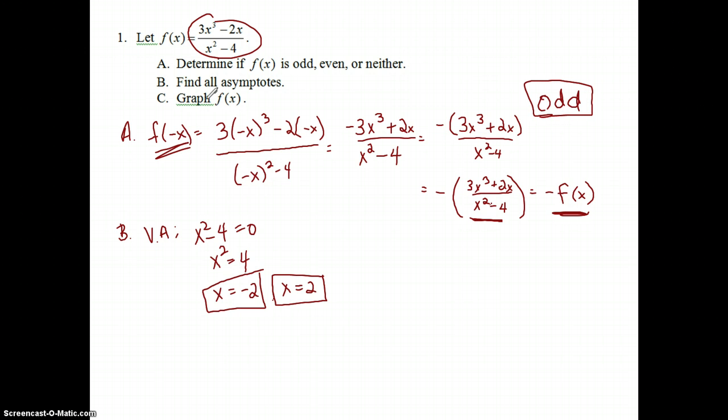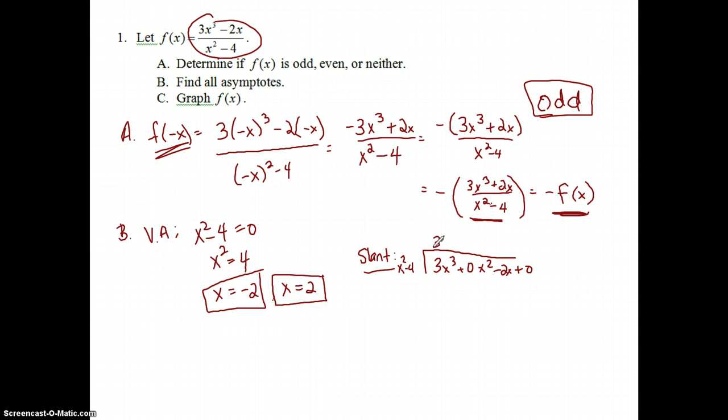We've got one more asymptote which we didn't talk about in this class this year, but it's called a slant asymptote, and we can find it by using long division. So we're using long division here: 3x cubed plus 0x squared minus 2x plus 0.